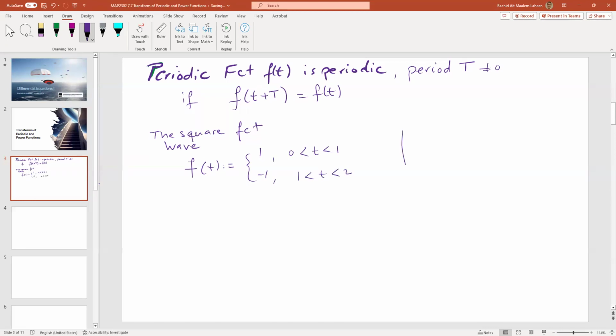So if you try to get an idea about the graph, of course, it's going to be broken.